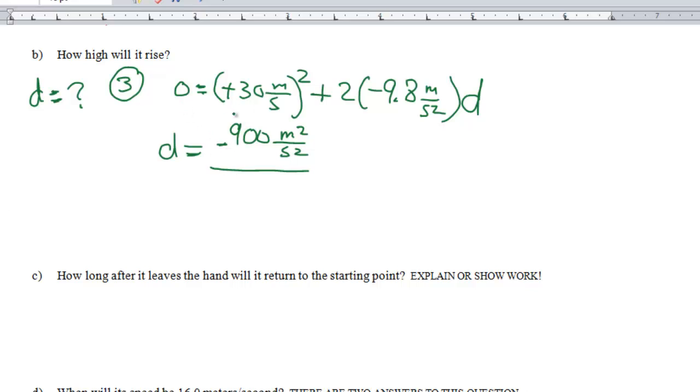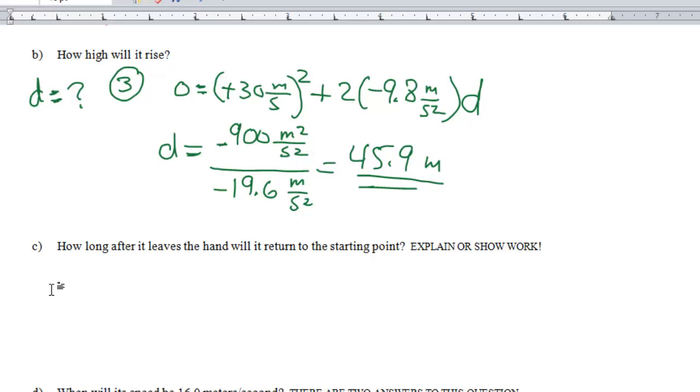It will become negative, divided by 2 times negative 9.8, which will be negative 19.6 meters per second squared. Seconds squared will cancel out, and you have meters squared over meters, which will give you the answer in meters. And when you divide 900 by 19.6, of course the negative will cancel out with the negative, you'll get 45.9 meters. So this is how high the baseball will rise.